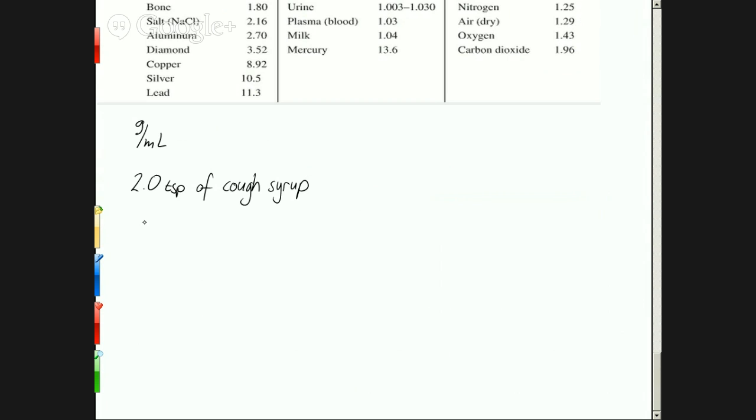If it has a density of 1.20 grams per milliliter. Okay.